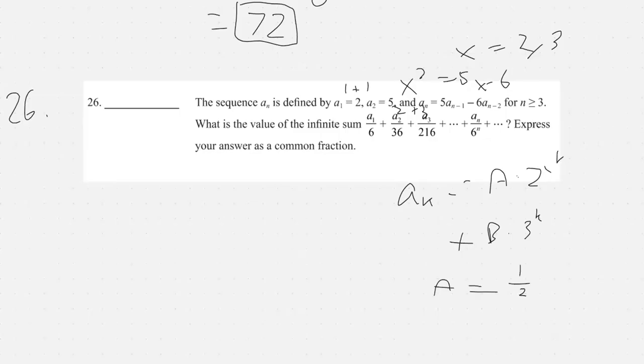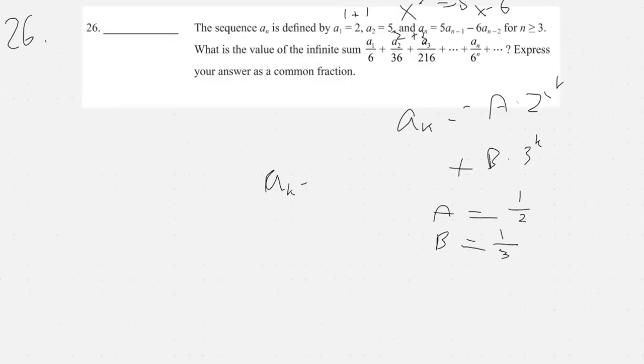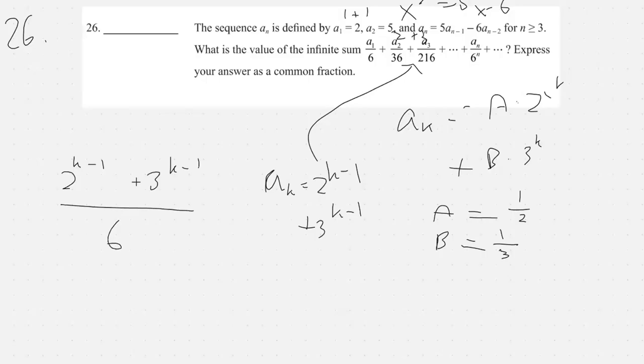And then if you plug this back in, you get a_k is 2 to the k minus 1 plus 3 to the k minus 1. And then if you plug this in here, it's going to be this over 6 to the k.